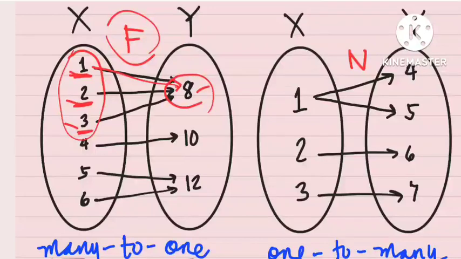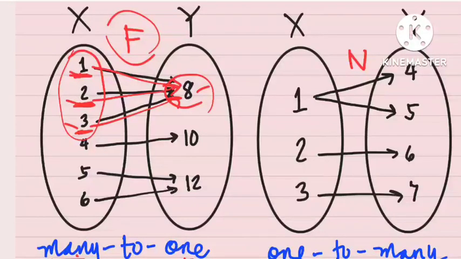Just 1, 8. 2 is connected to how many elements in the range? Again, just 1. 3 is connected to just 1. It just happened that the 3 of them are connected to the same element in the range, but they still follow the definition of a function. Therefore, a many-to-one correspondence is still considered a function.